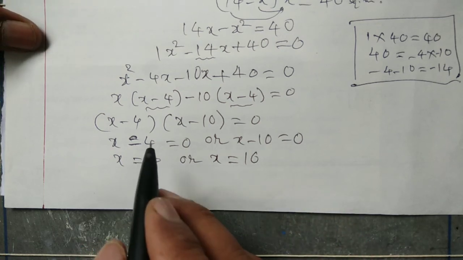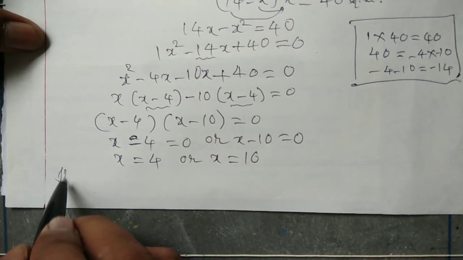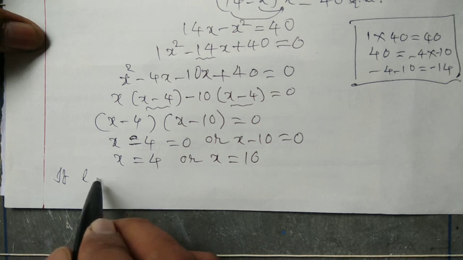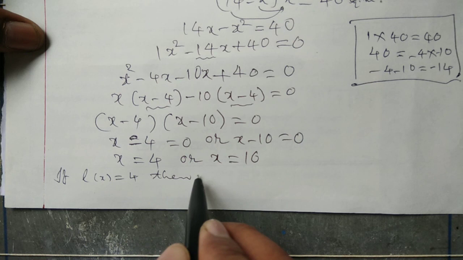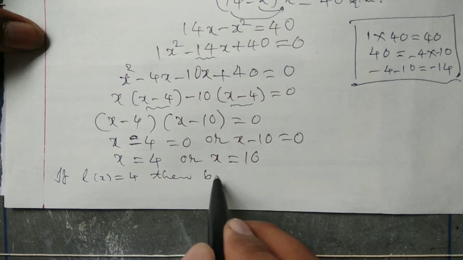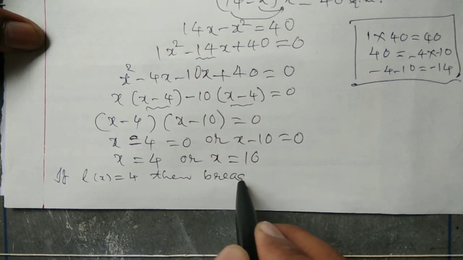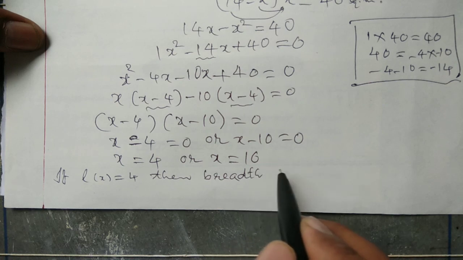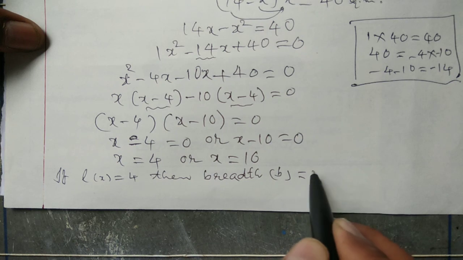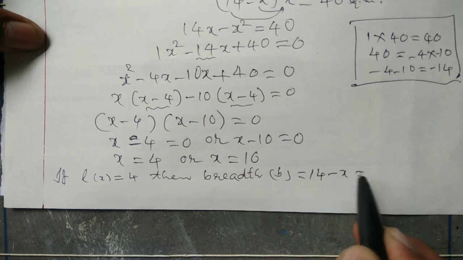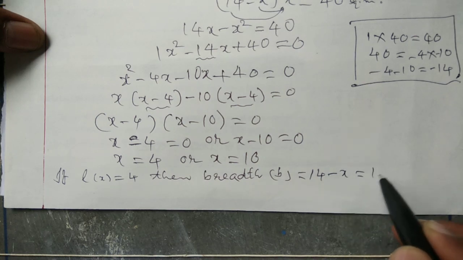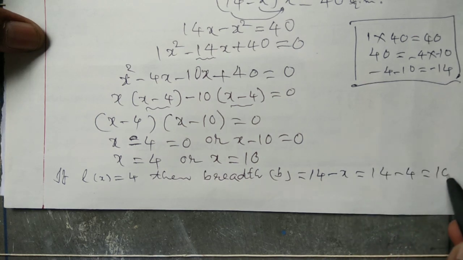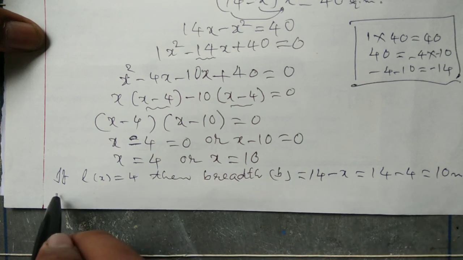x means we took length. If L is equal to x is equal to 4, then breadth B is equal to 14 minus x is equal to 14 minus 4 is equal to 10 meters.